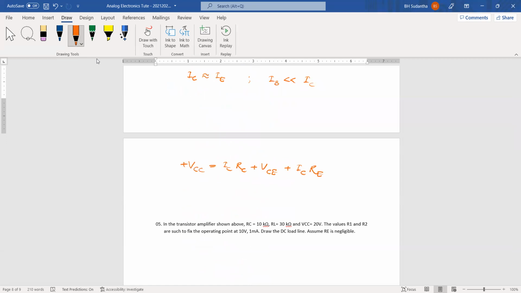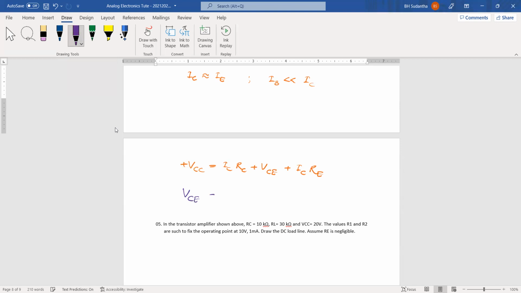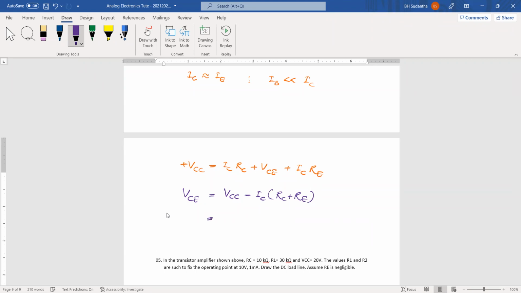Then we can find this VCE equals VCC minus IC times RC plus RE. This is 12 volts minus IC.